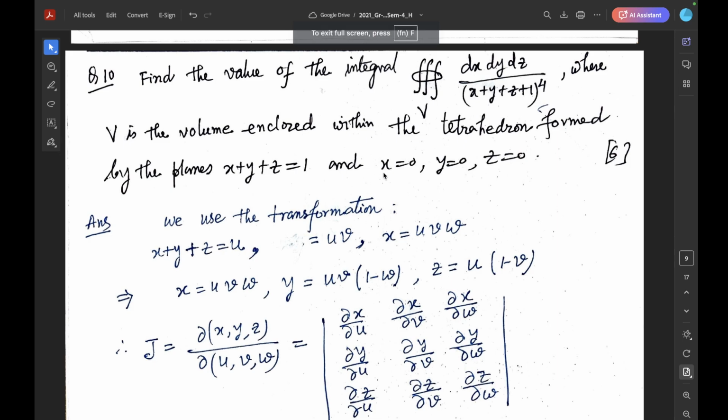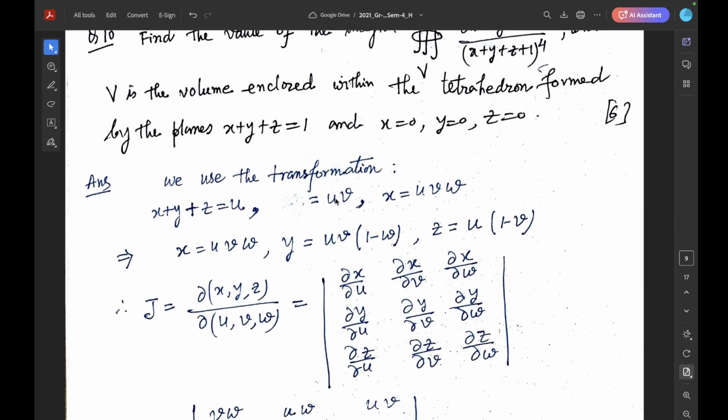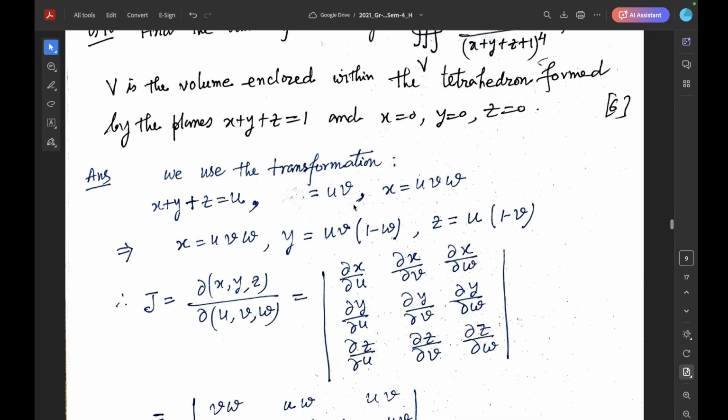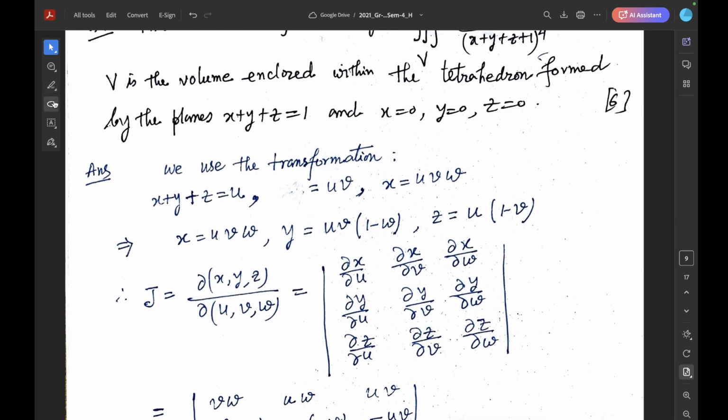Now we use the transformation x plus y plus z equal to u, and x plus y equal to uv.